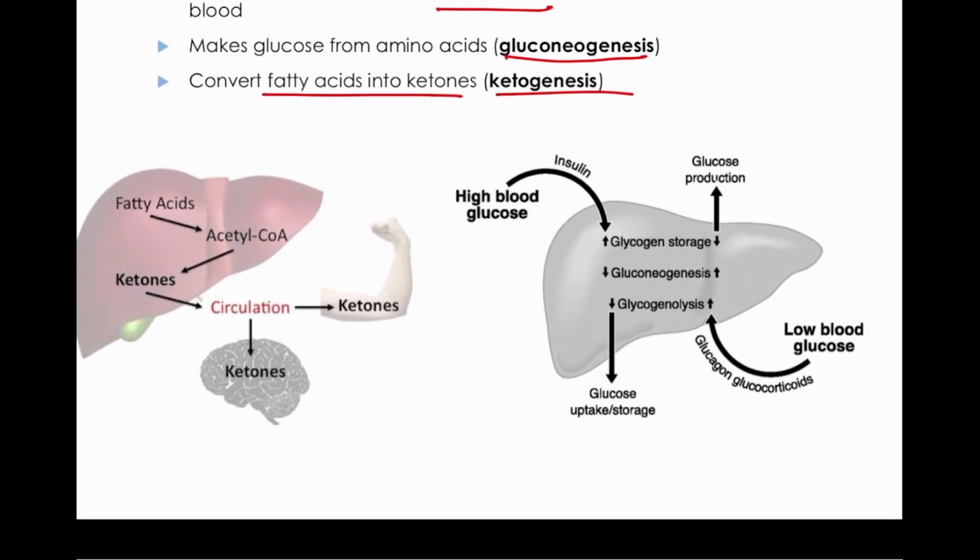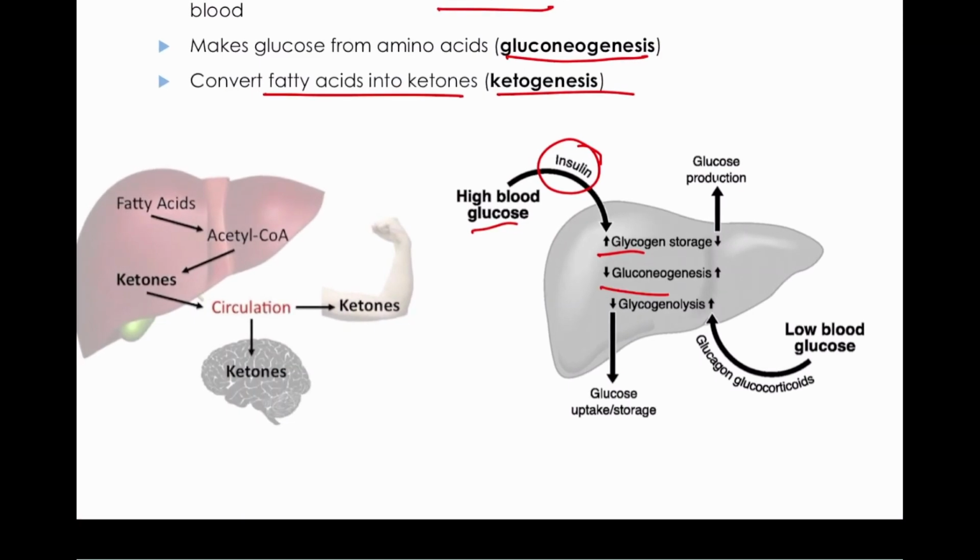And this picture shows you that with high blood glucose, insulin will cause increased glycogen storing and decreased gluconeogenesis. With insulin, we don't need new glucose being made, and it decreases glycogenolysis. We don't want sugar going into the blood with insulin.